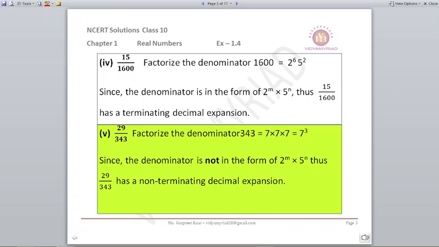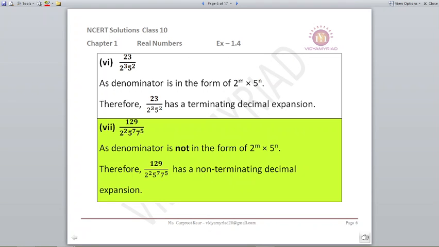So they are in the form of 2 raised to power m and 5 raised to power n, and thus we can say that it is a terminating decimal expansion. Next, 29 upon 343. So 343 is 7 cube, and 7 cube is not in the form of 2 and 5. So that means it is a non-terminating decimal expansion.